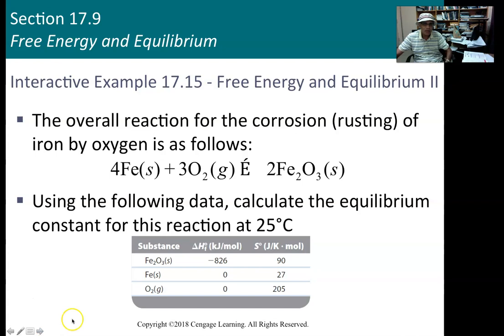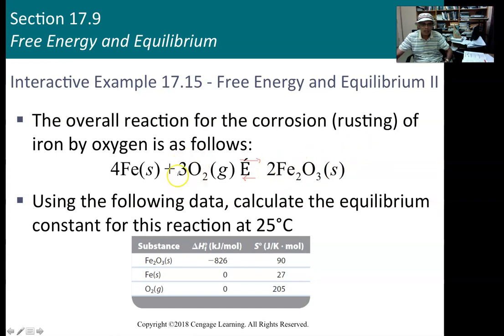So let's revisit the topic we started discussing at the beginning, that is corrosion. Iron combines with oxygen to form iron oxide. This is essentially the basis of corrosion or rusting.